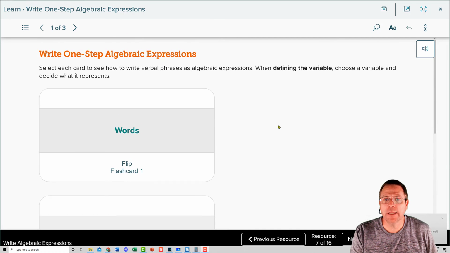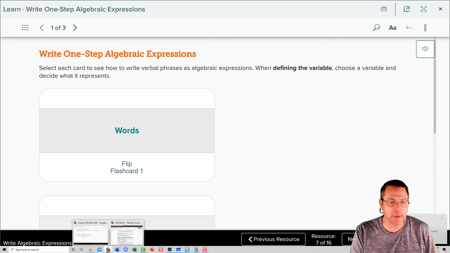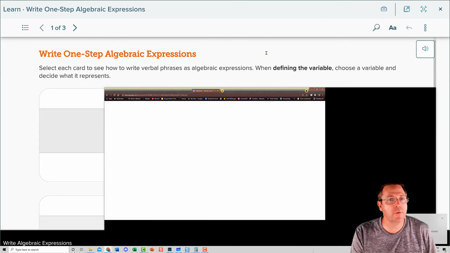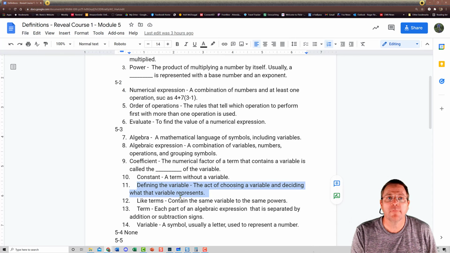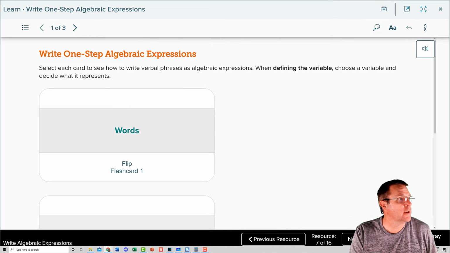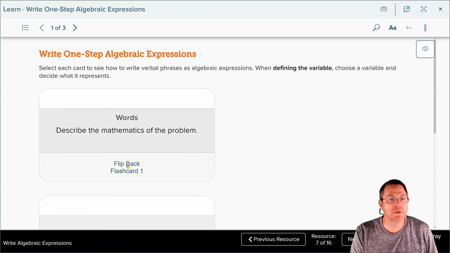They don't really say what defining a variable is here, but if we go back to our vocab sheet, and that vocab sheet is on the very top of this module in your module section on Canvas, it says defining a variable is the act of choosing a variable and deciding what that variable represents. Defining a variable. So with that, we can go here and say in words that describe the mathematics of the problem.